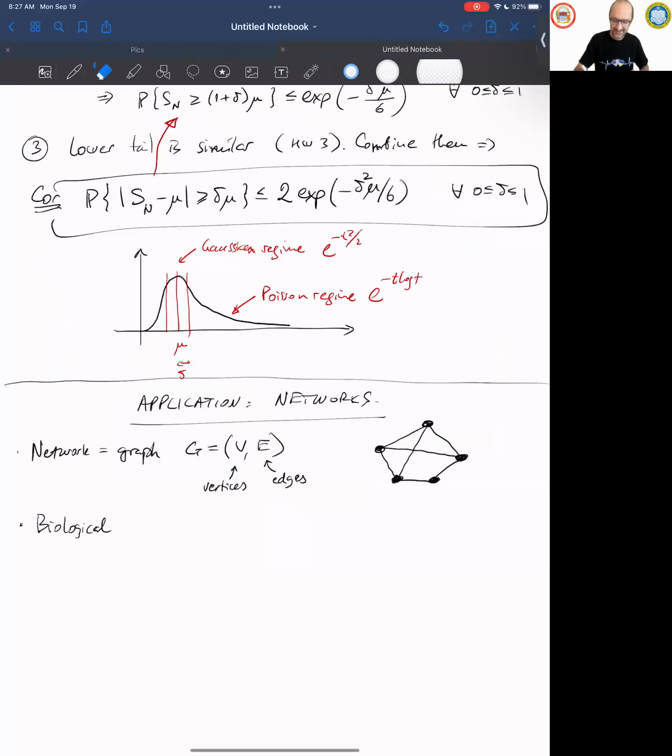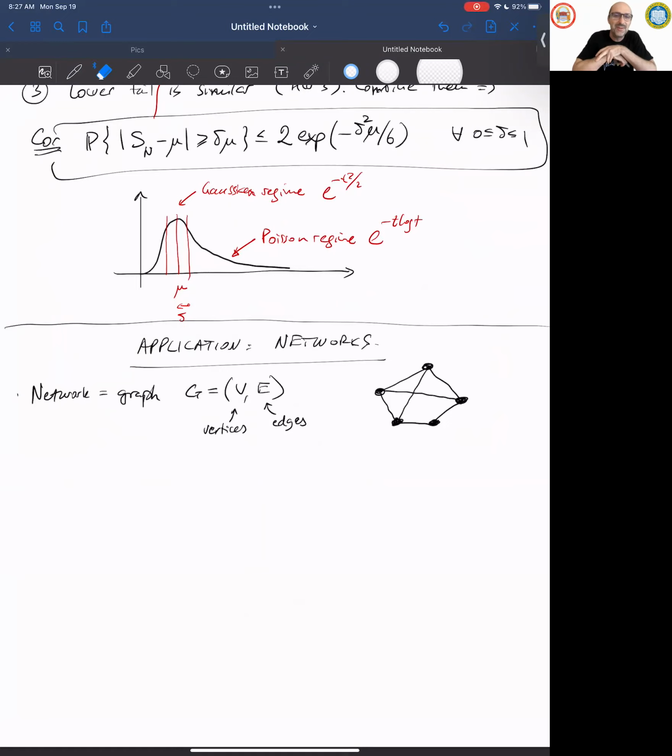Give me an example of a network that I haven't mentioned. Like some telecom network. Yeah, telecom network, for example. And this is where the antennas talk to each other, or what are the nodes?